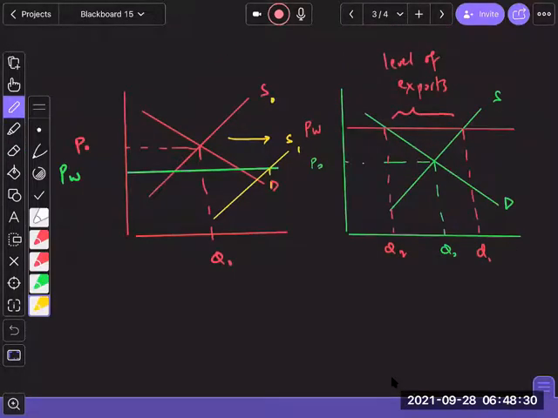Now Q2 is your domestic supply, Q1 is your domestic demand, and you are looking at this kind of export happening. So you give your domestic producers so much subsidy that they not only are able to meet domestic demand, but they're also able to export. Are you all with me? Does that make sense?